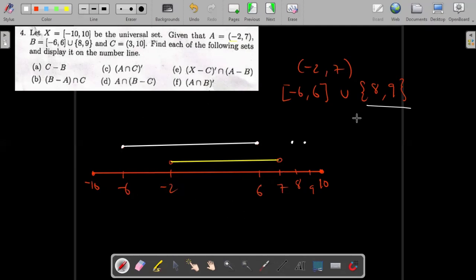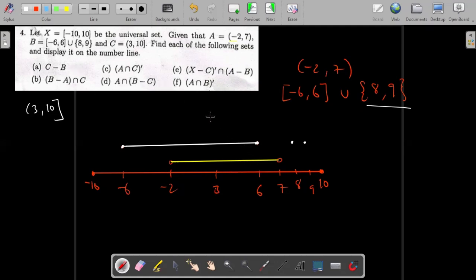Okay, so the next one, C, is 3 and 10. If I display that on the number line, I have 3 somewhere here and my 10 already there.